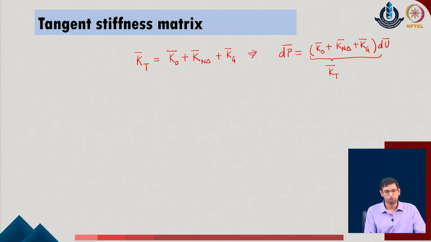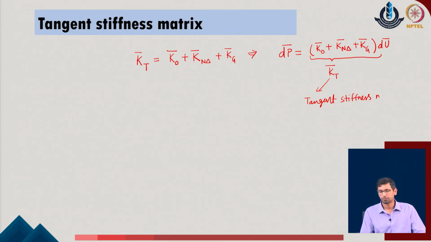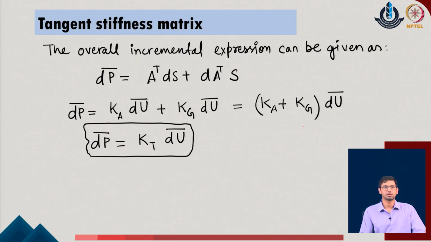We are putting the bar on top of everything because all these derivations are done in the member local coordinates, and that is where we define this parameter also in the local member coordinates. So, this is the tangent stiffness matrix, and this describes the overall stiffness of the given system.